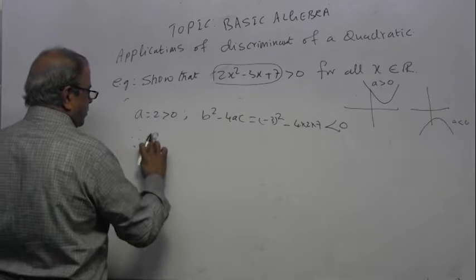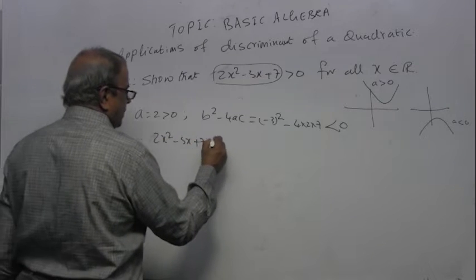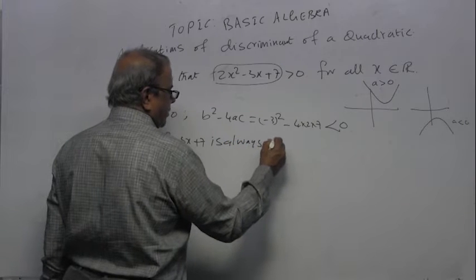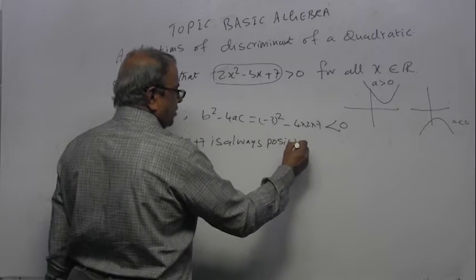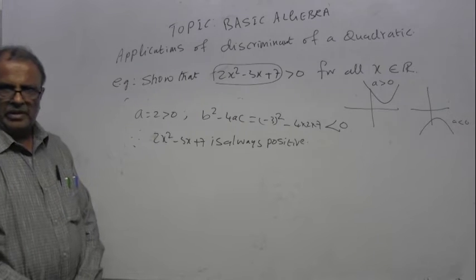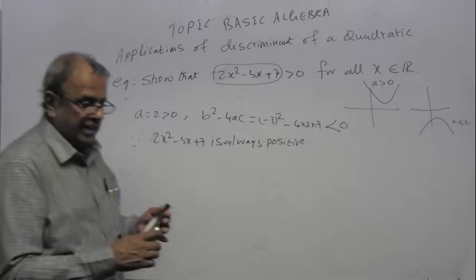Therefore, 2x squared minus 3x plus 7 is always positive. That is sufficient to conclude that. That's all you write in the exam, but I went through the logic to show you how you write it. Let's take another example.